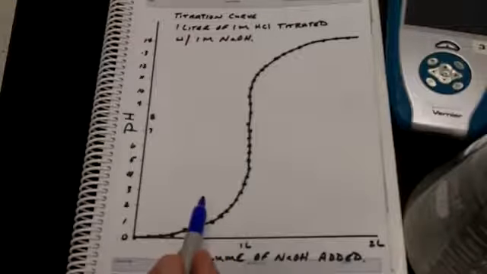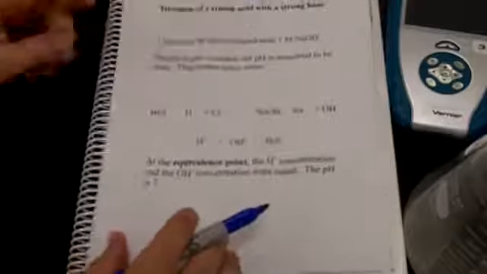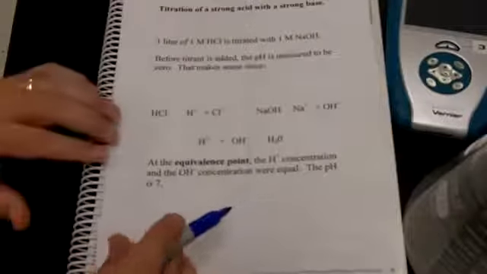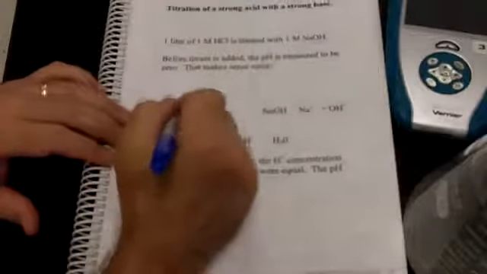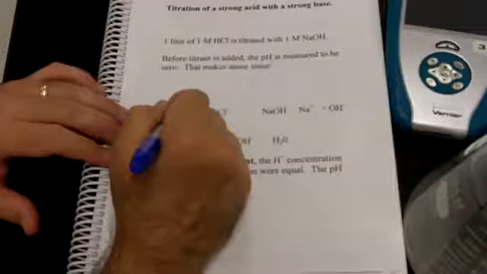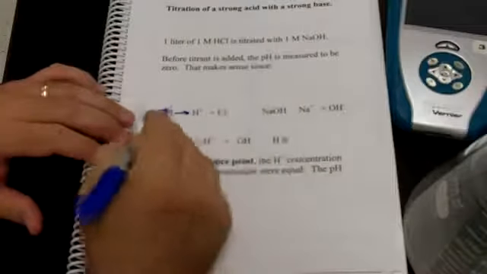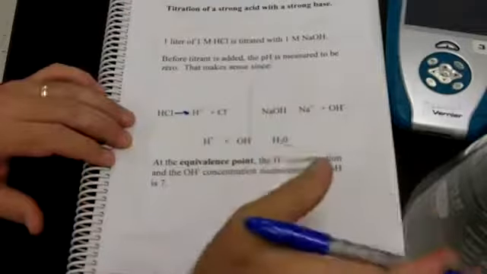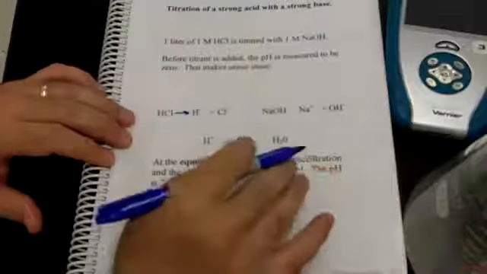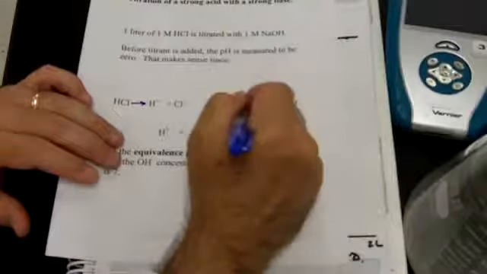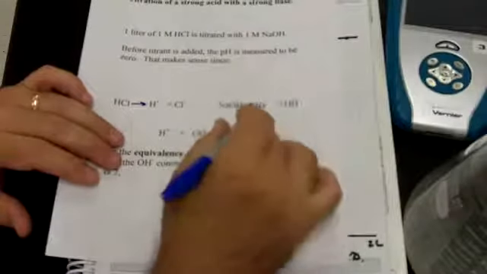So what's happening is that as I release the sodium hydroxide into the solution, the hydrochloric acid, remember, was dissociated completely, so 100%. So hydrochloric acid in the flask dissociated completely. As I drop sodium hydroxide, which is also a strong base, it was also dissociating completely to give me hydroxide ions.